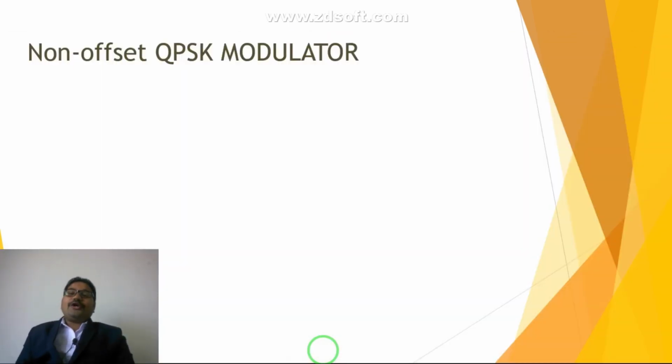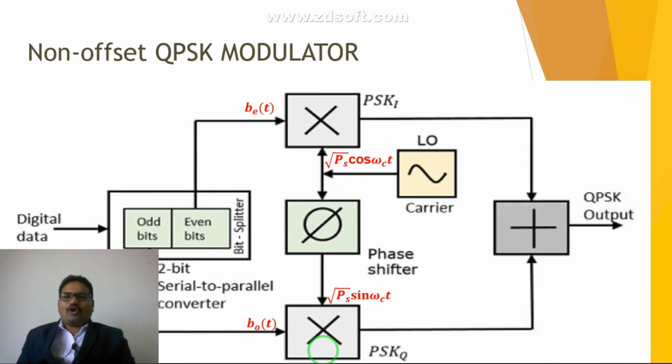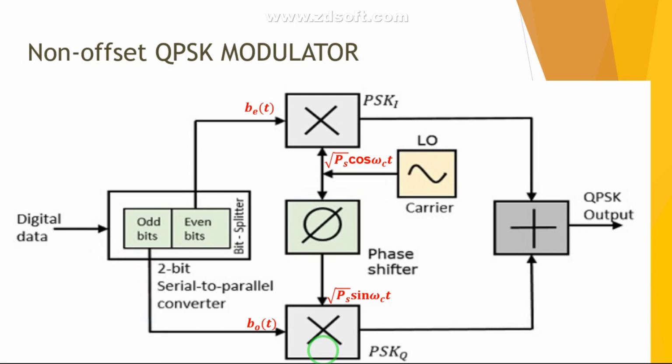Now we are going to see the non-offset QPSK modulator. Why has it been named non-offset? You can see from the figure that this diagram and the diagram for the offset QPSK are almost the same, leaving one difference, that is the delay block.